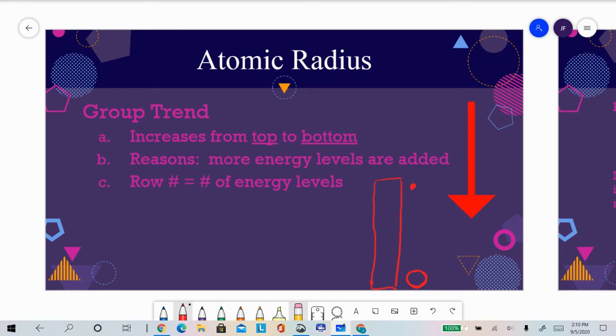And that is because, as we go down the periodic table, we add more electrons, so we have more energy levels. One of the actually cool things is if you label your periods 1, 2, 3, 4, that is actually how many energy shells we have.